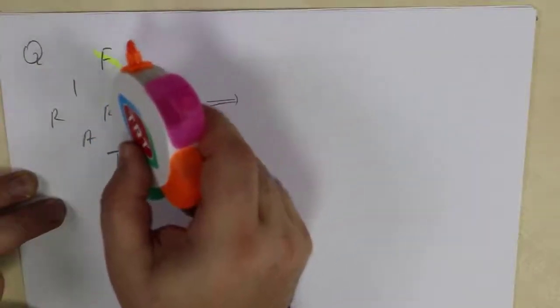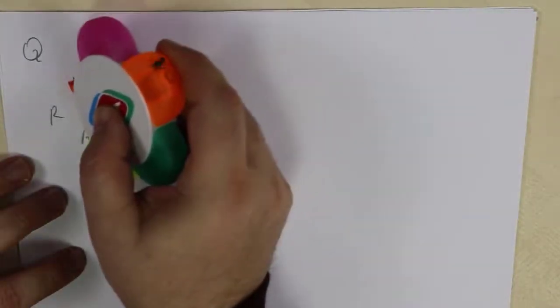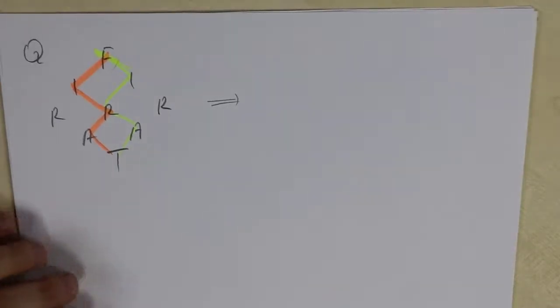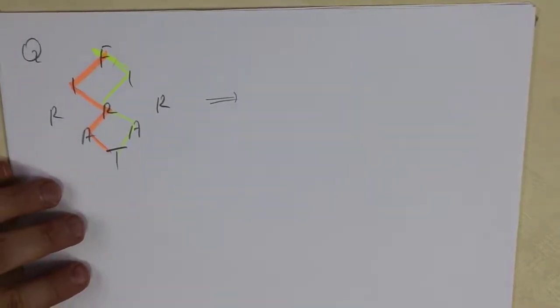We can use another way like this. This is also possible. Based on this kind of network, how many ways can we read the word FRAT?